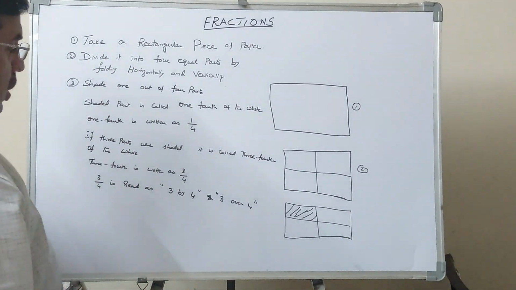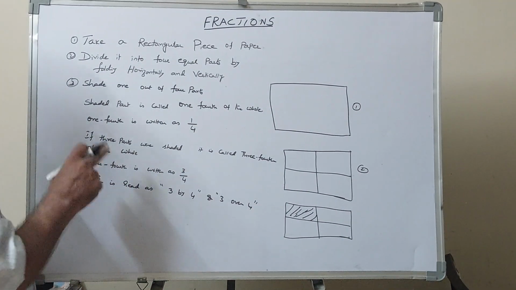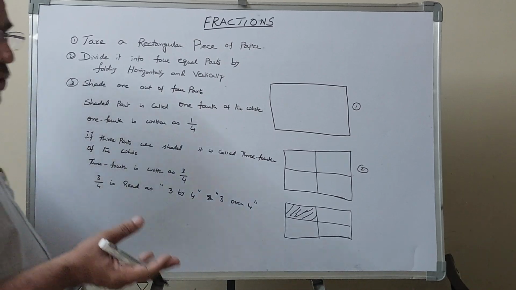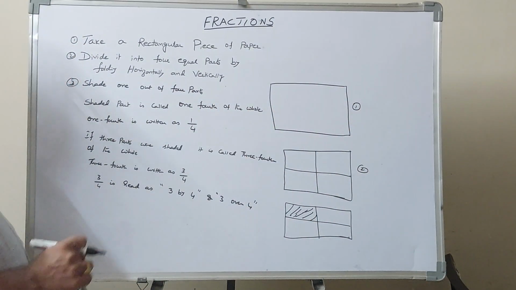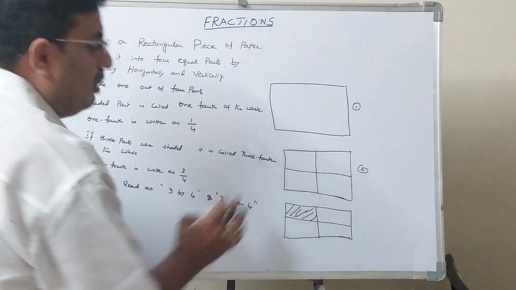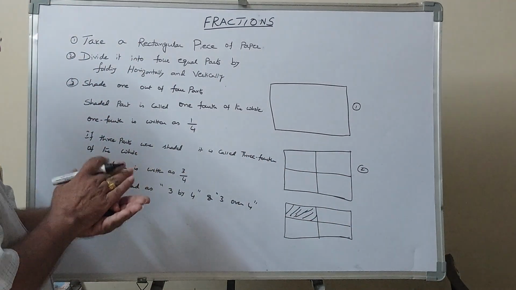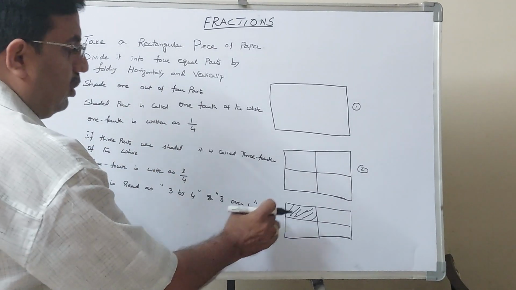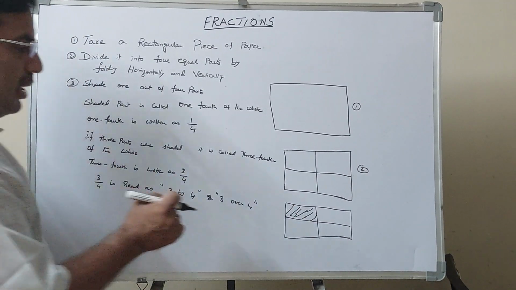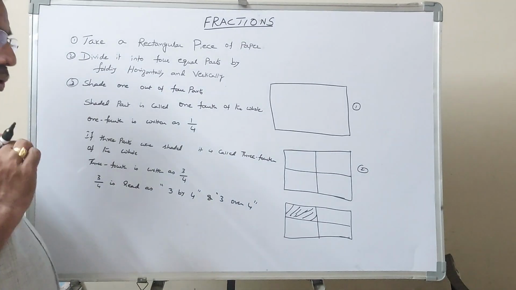If you understood what a fraction is, first take a rectangular piece of paper, divide it into four equal parts by folding it horizontally and vertically. Shade one out of four parts. The shaded part is represented as 1/4 of the whole.